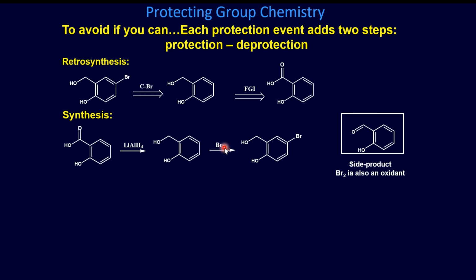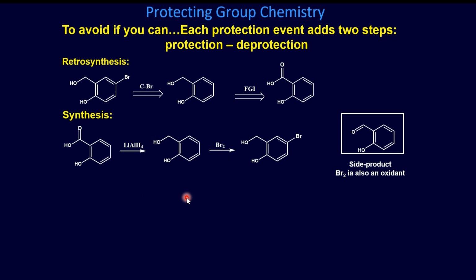It not only undergoes substitution, it also acts as an oxidizing agent and oxidizes this alcohol to the aldehyde group. Here the duality of bromine's nature is the culprit. Like we have good qualities and also bad qualities, the bad quality here is that it also acts as an oxidizing agent.